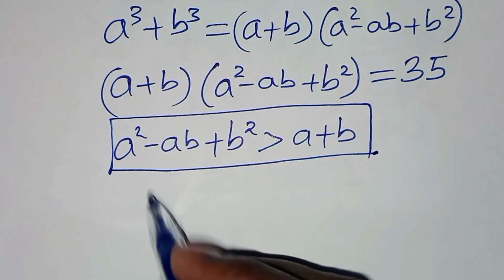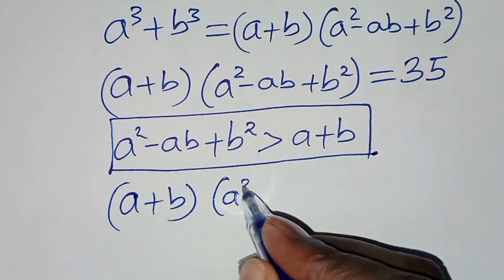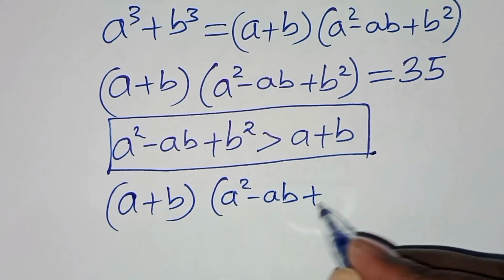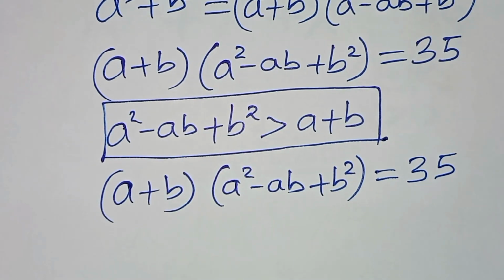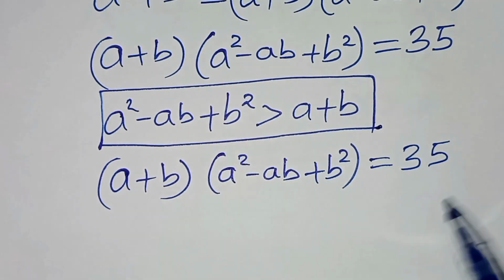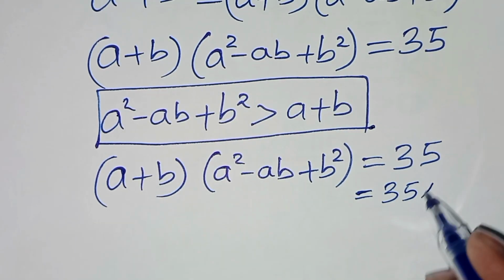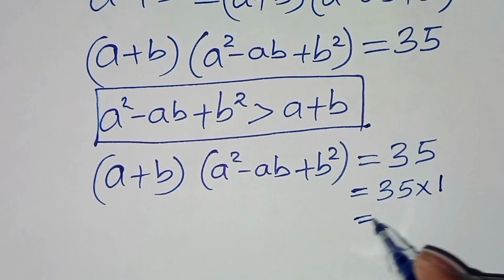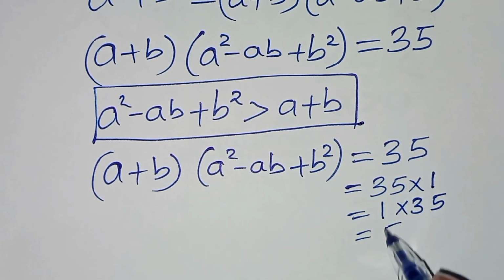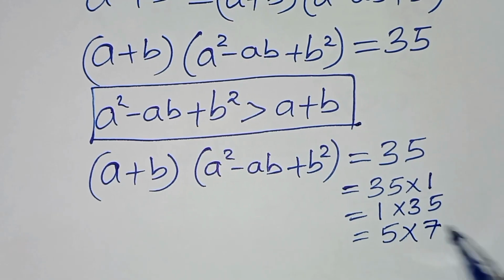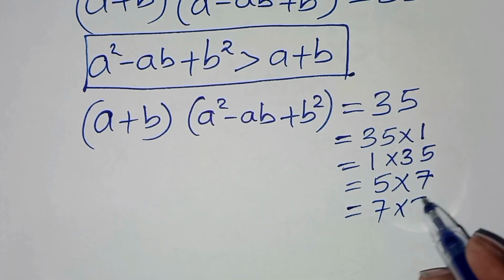And given that a plus b, a squared minus ab plus b squared is equal to 35, let's get the factors of 35 here. We have 35 multiplied by 1, we have 1 times 35, we have 5 times 7, and then we have 7 times 5.